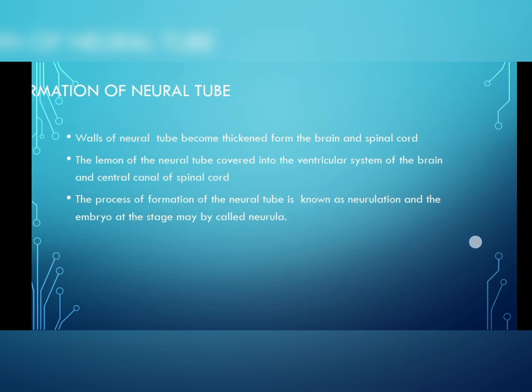The lumen of the neural tube is converted into the ventricular system of the brain and the central canal of the spinal cord. The process of formation of the neural tube is known as neurulation, and the embryo at this stage may be called a neurula.